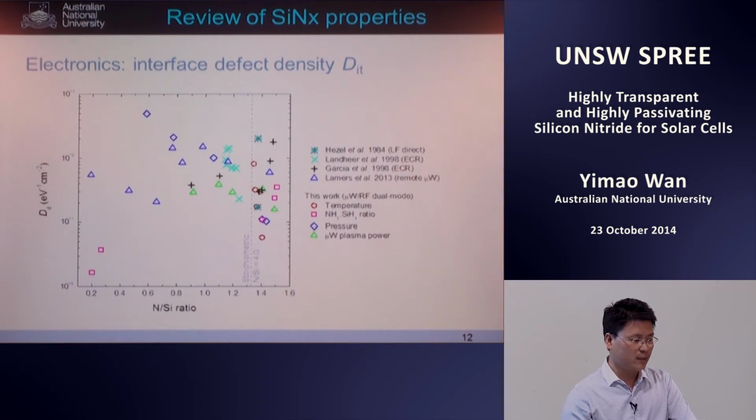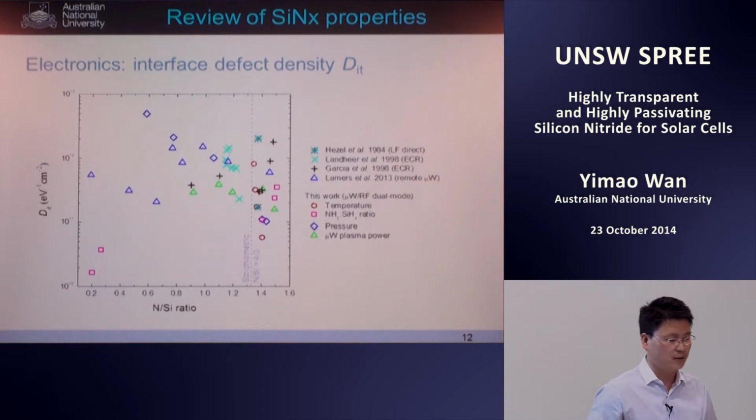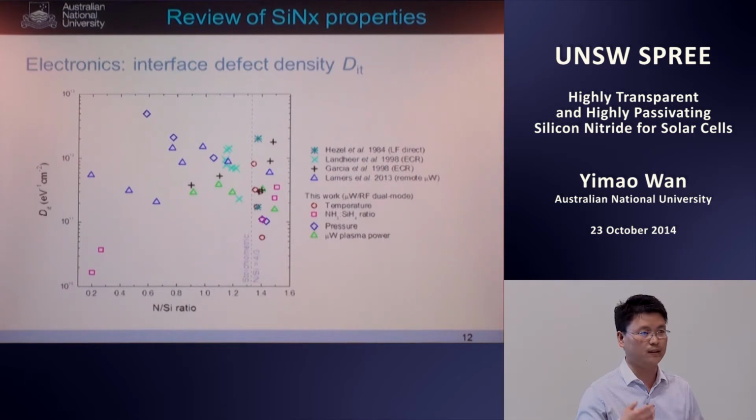It's quite similar to the charge, in that a universal correlation between Dit and the atomic ratio can't be established. And this is not that surprising, because the interface defect density is an interfacial property. It presumably depends on the interfacial structure property rather than the bulk structure property.